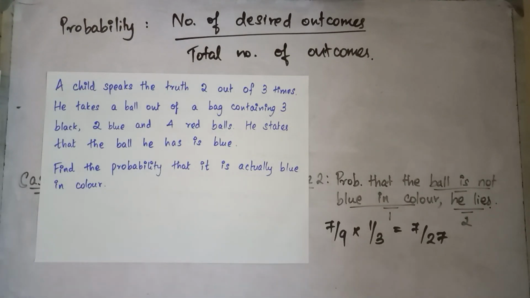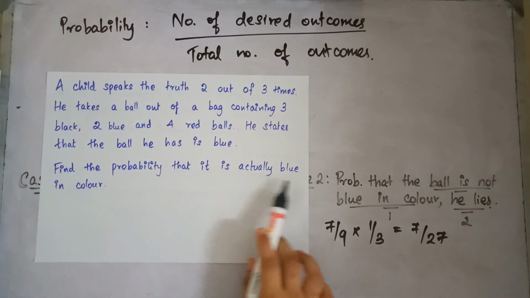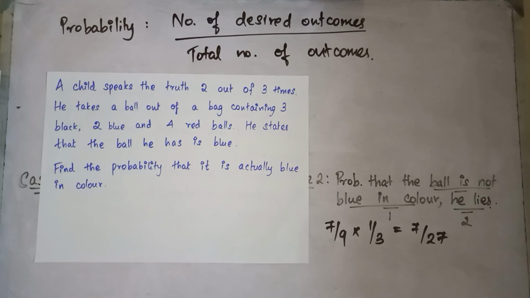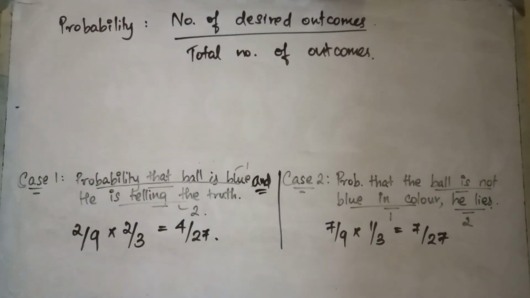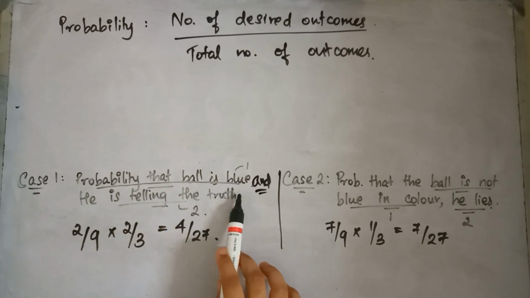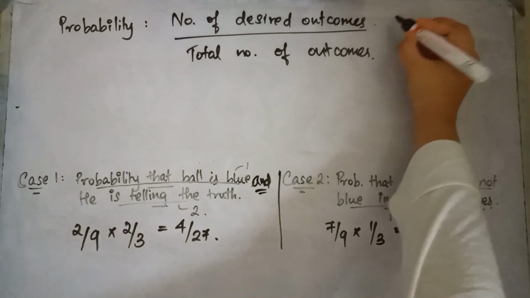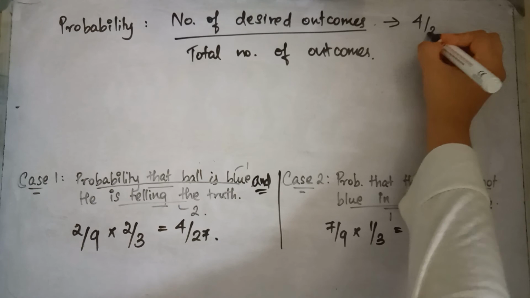Just look at the question and tell me what is the desired outcome. The desired outcome is, find the probability that the ball is actually blue in color. So which one of these outcomes are actually desirable? It is case 1. The probability that the ball is actually blue and he's telling the truth. So the desired outcome will be 4 by 27.